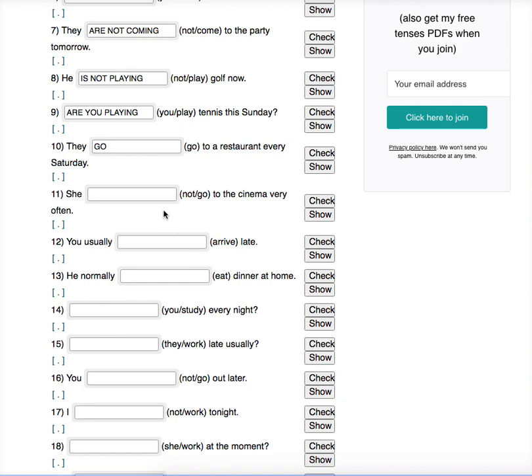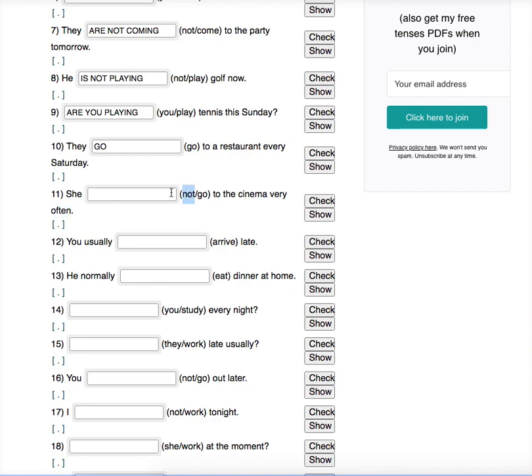Pachito. She not go to the cinema very often. You have often. So is this simple or continuous? I think simple. Simple, very good, because you have often. So how can you do it?